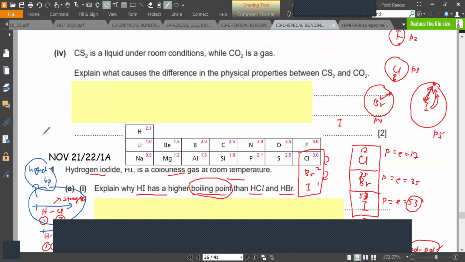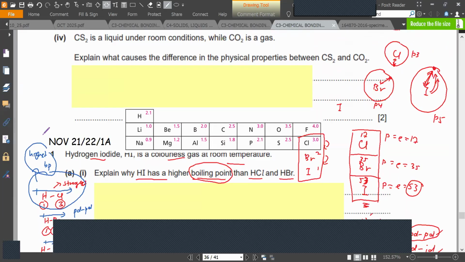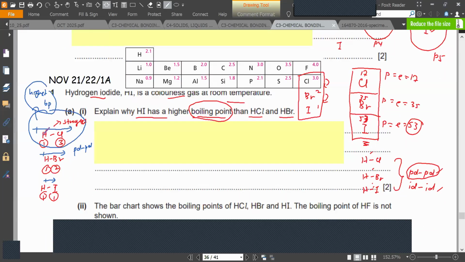But in reality, when we do the experiment and check the boiling point, the HI is having the highest boiling point. The iodine one is having the highest boiling point. Why? Because in this case, the PD effect is not as strong as the ID effect. In this case, the ID effect is stronger.